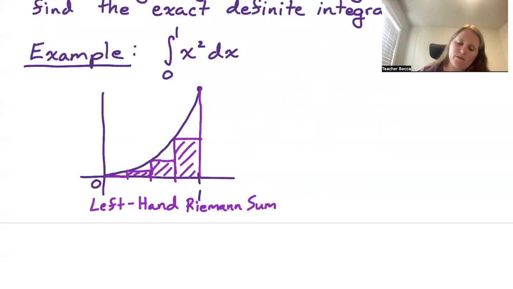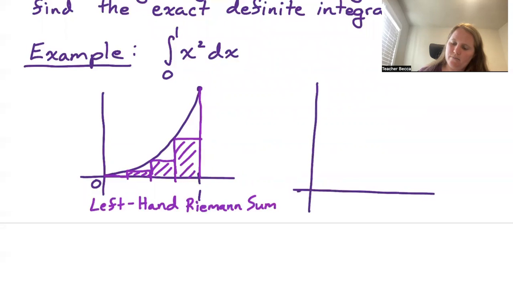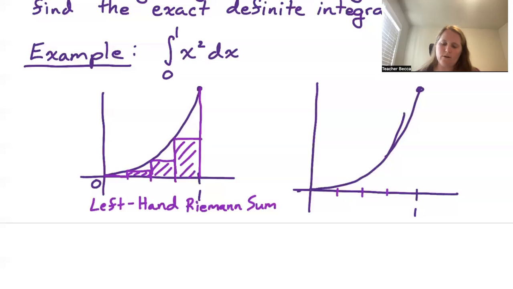Similarly, we could have done this with the right-hand side. Again, breaking up into 4 intervals. We're just looking at 4 rectangles to start off. If we use the right-hand side, we base the height of each rectangle on the right side of its interval.